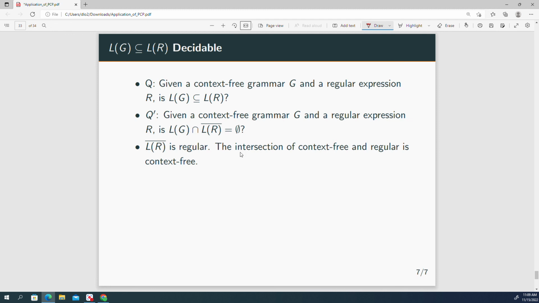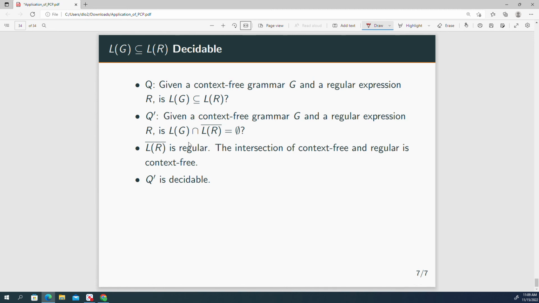And we also know the intersection of a context-free language and a regular language is also context-free. So to check if a context-free language is empty is decidable. So Q prime is decidable, and therefore Q is decidable.